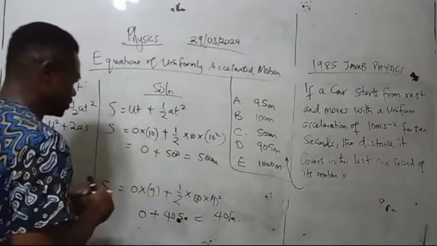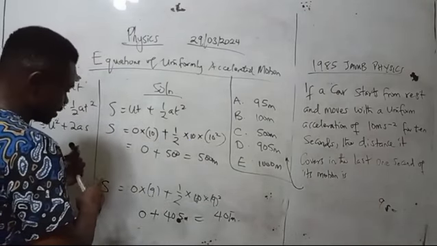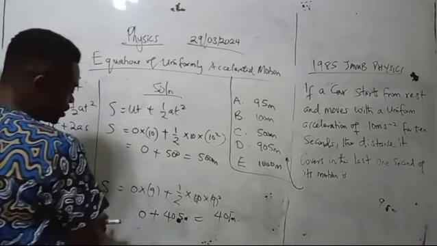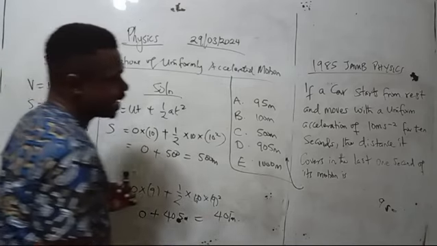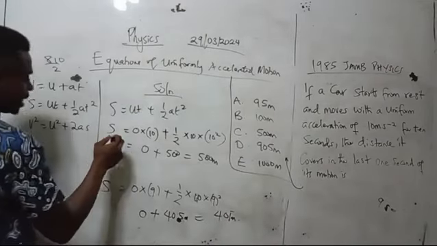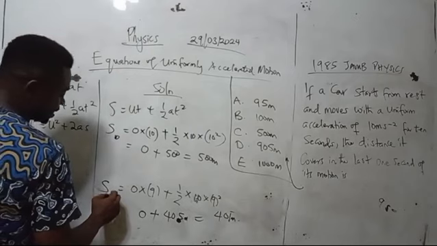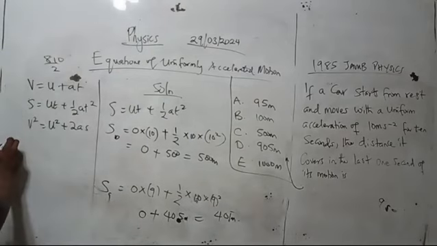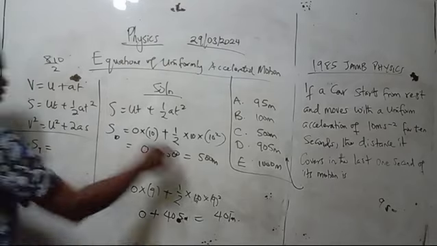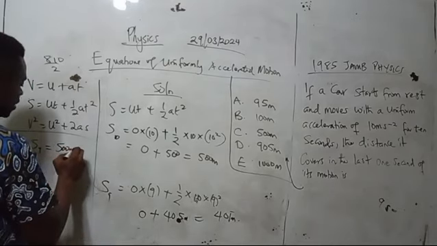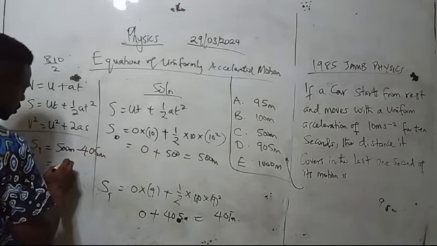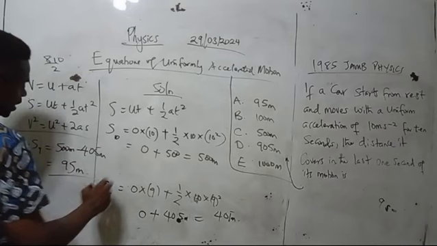Now, if you want to calculate the distance it covers in the last 1 second, you subtract this distance in 9 seconds from this distance in 10 seconds. So S10 minus S9 is equal to 500 meters minus 405 meters, which gives us 95 meters.